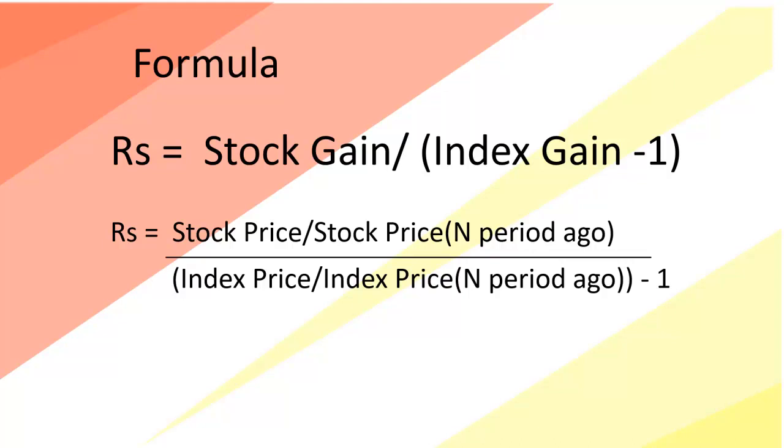When this number is positive, that means the stock is doing better than the index. When it is not doing well, it will be negative. So from this indicator, we can understand how the stock is performing in relation to an index or another stock.